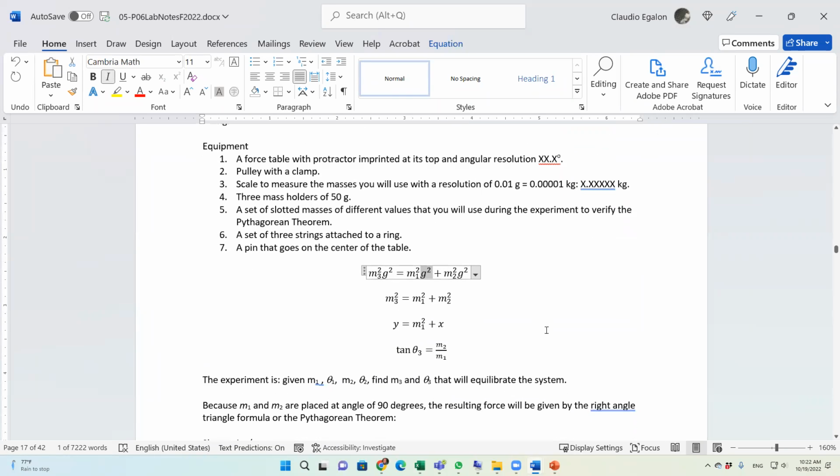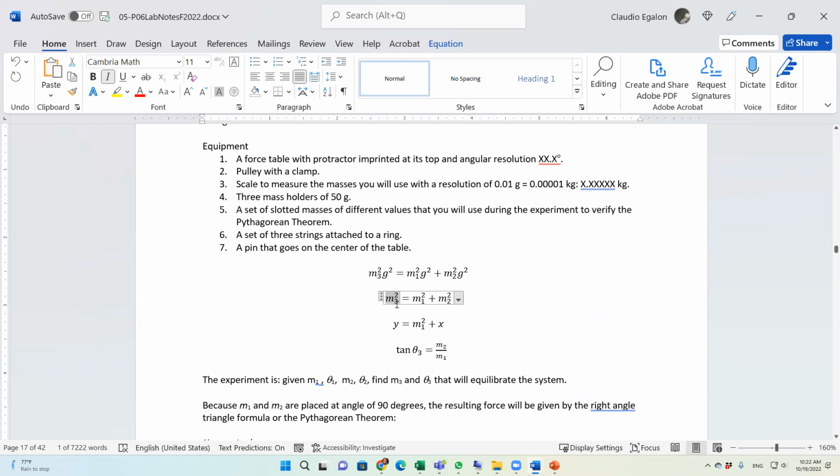Whatever is given in terms of force becomes actually mass. Here is my dependent variable. This one is what you find from your experiment.